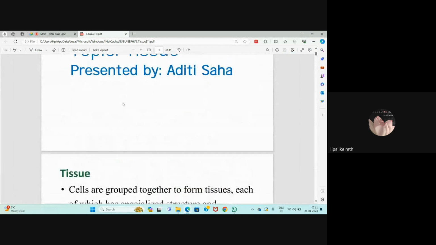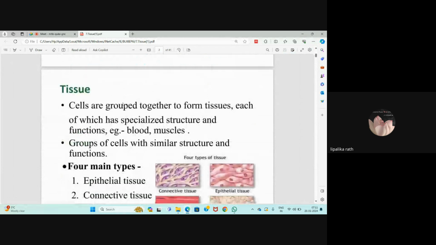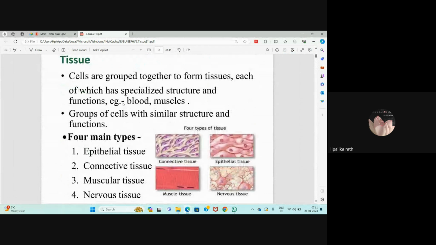In epithelial tissue, the cells are fitted very closely. Between the cells, the space is very small, with a minimum amount of intercellular substances, and the lower surface is bounded by the basement membrane.